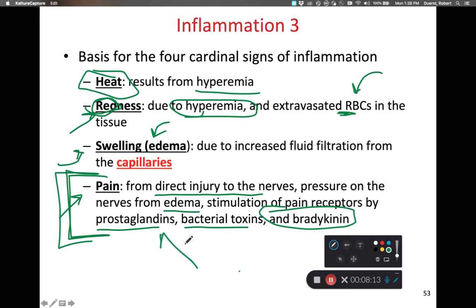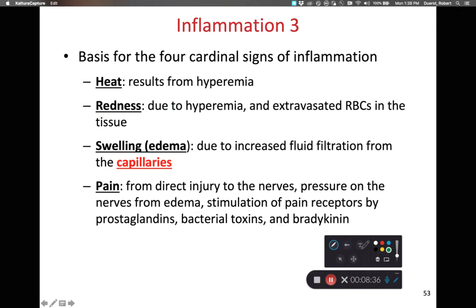The prostaglandins and bradykinins are good. If we have inflammation, generally speaking, there's an injury, and we want that site of injury to be a little bit tender so that we stop using it and give it a chance to heal. The problem is when we have excessive pain or excessive swelling or excessive heat and redness. It's when we have too much of a good thing that we have the problem.